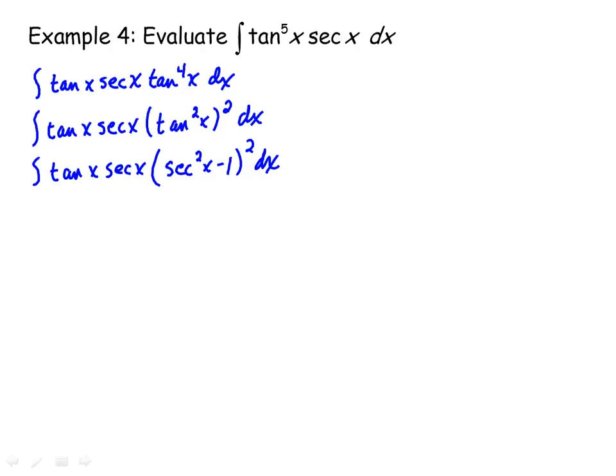Now you're going to do your u substitution. What is u going to be? Secant x. And the whole point of all the algebra and trig is this right here. Because when I take the derivative of secant, what do I get? Secant x tangent x. And that can be written as tangent x secant x.